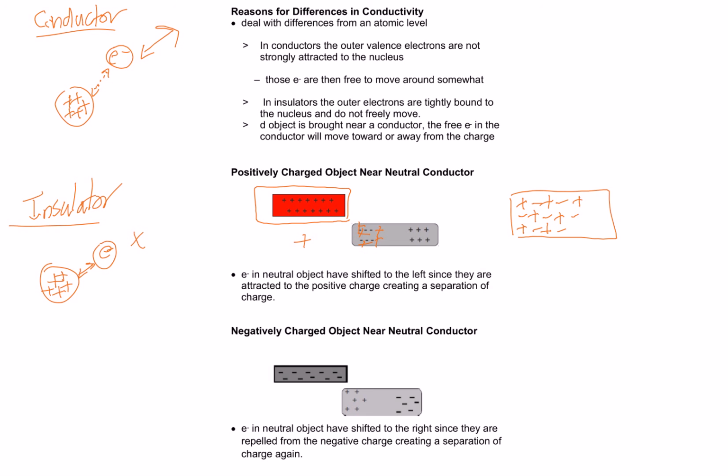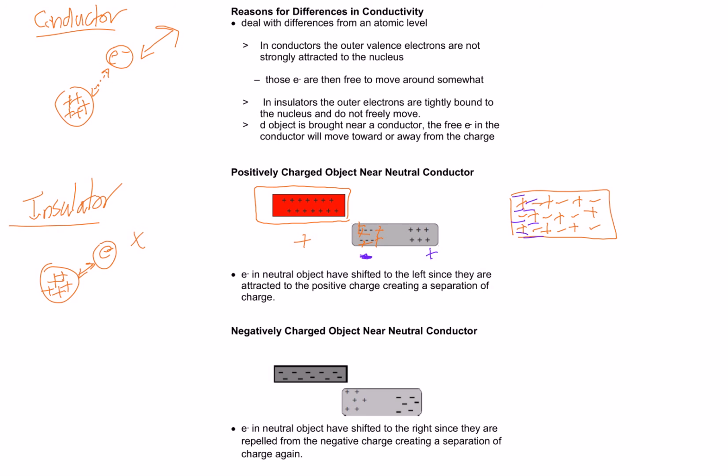So the positives will stay there, but all of those electrons, the ones on the far end, are going to move to the close side. That makes this end negative, and it leaves the other end positive because there are no more electrons there.